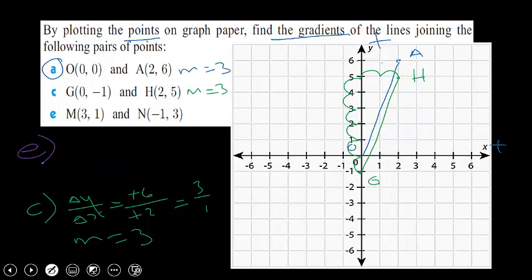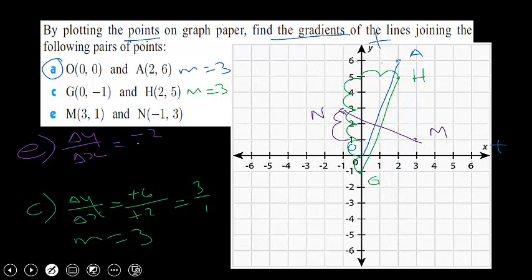Let's do E. Point M is 3, 1. That's there. That's point M. And N is minus 1, 3. That's there. Point N. Connect them. So change in y over change in x is going to be from N to M. Okay, so it's going to be 1, 2 down.